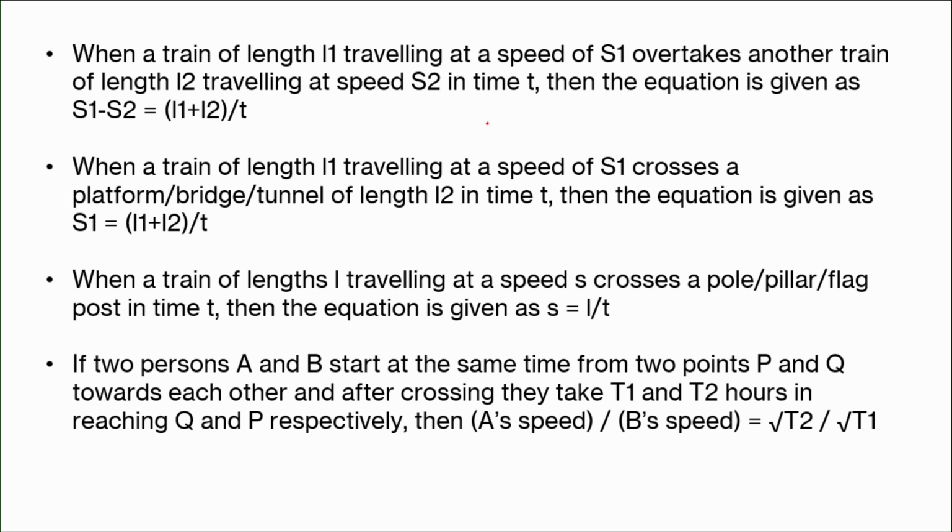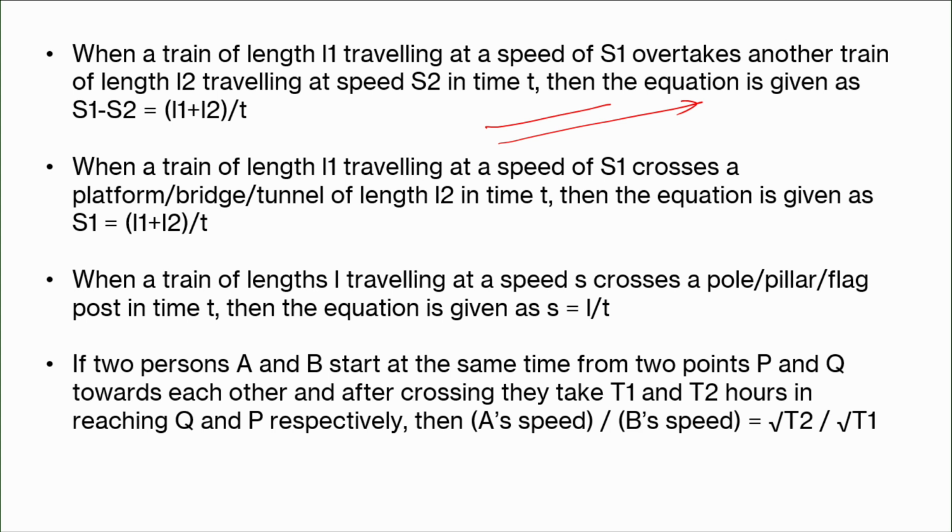Now, both are in the same direction, so in a time t, the train T2 is overtaken with the speed of S2. So, now we can say S1 minus S2 is equal to L1 plus L2 by t. This is very important.